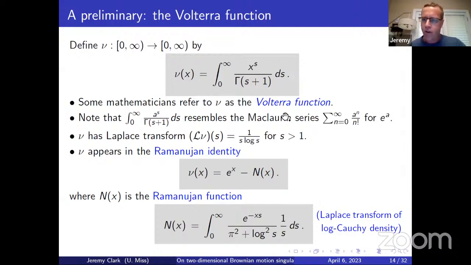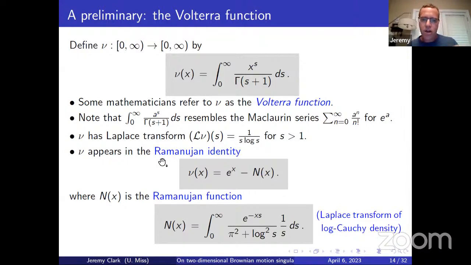Well, then you have the Volterra function. Once you know that, it's very hard to forget. One very basic thing about this is it has a Laplace transform given by an elementary function, 1 over s log s. That already is a key that it is a very important function.